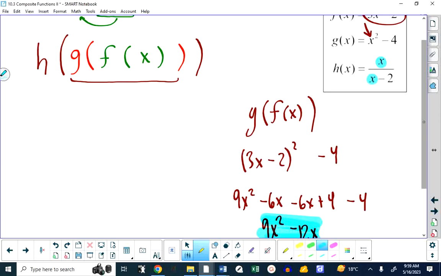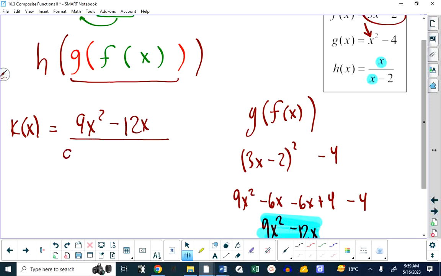So I am going to get for k of x, I'm going to get the 9x squared minus 12x over 9x squared minus 12x minus 2. Could we potentially look at factoring things? Well, the top factors. I don't know that the bottom factors. It's not worth our time. That's not the point of this example.